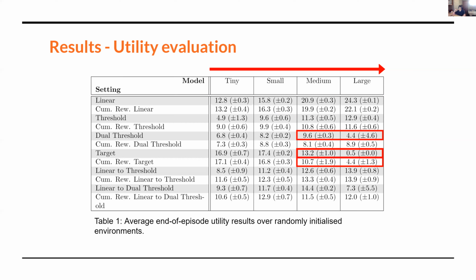This is because there are models that are performing well, but there are also some which didn't manage to get out of the suboptimal policy, and they are decreasing the average here. But what's also interesting is that the cumulative rewards are improving this. So in both cases, they are kind of stabilizing the training process and making it more consistent.